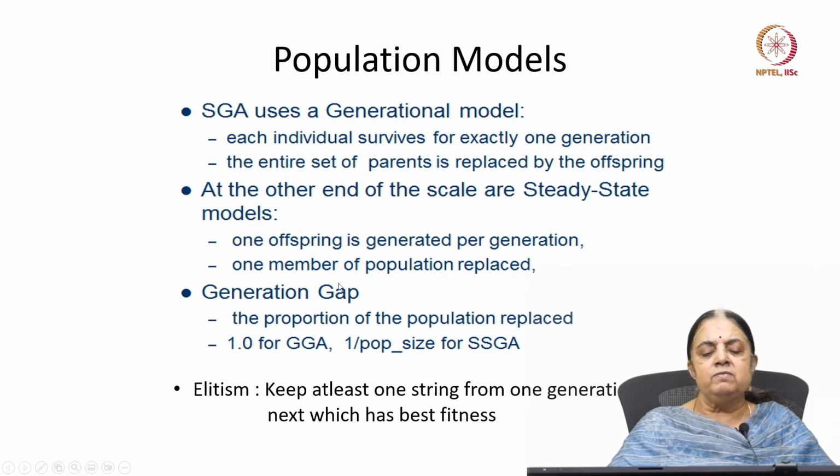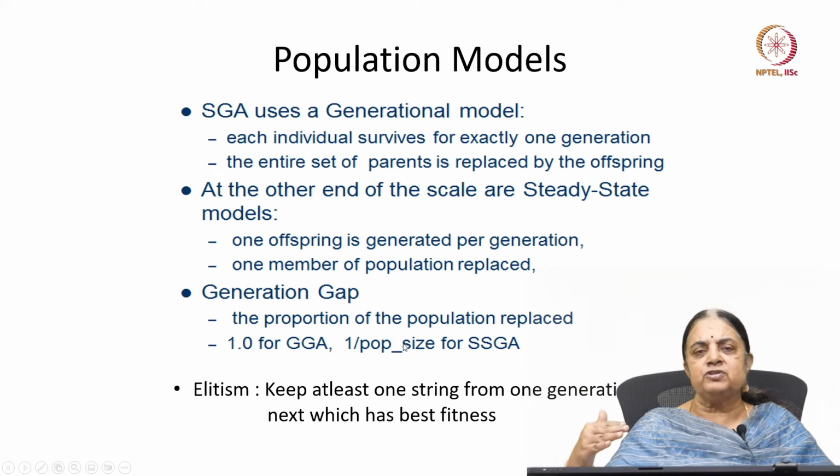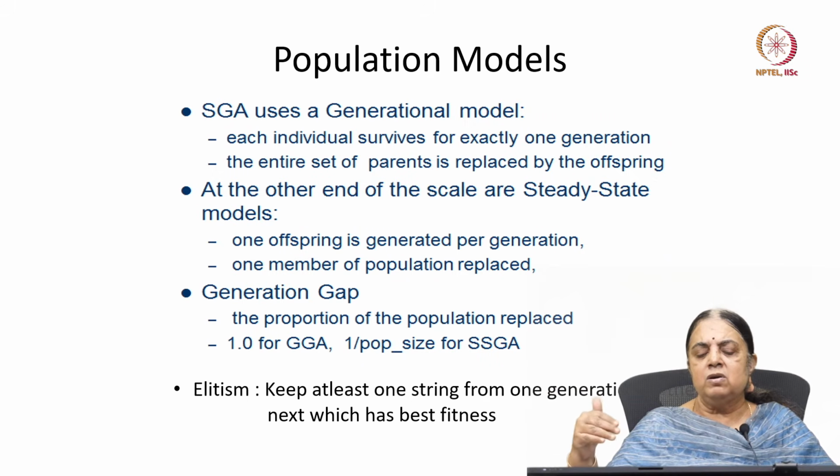Or you can have in between what is called the generation gap. A generation gap of 1 means you are replacing the entire population, or you could have some fraction, which will tell you the proportion of the population that is replaced in the next generation.